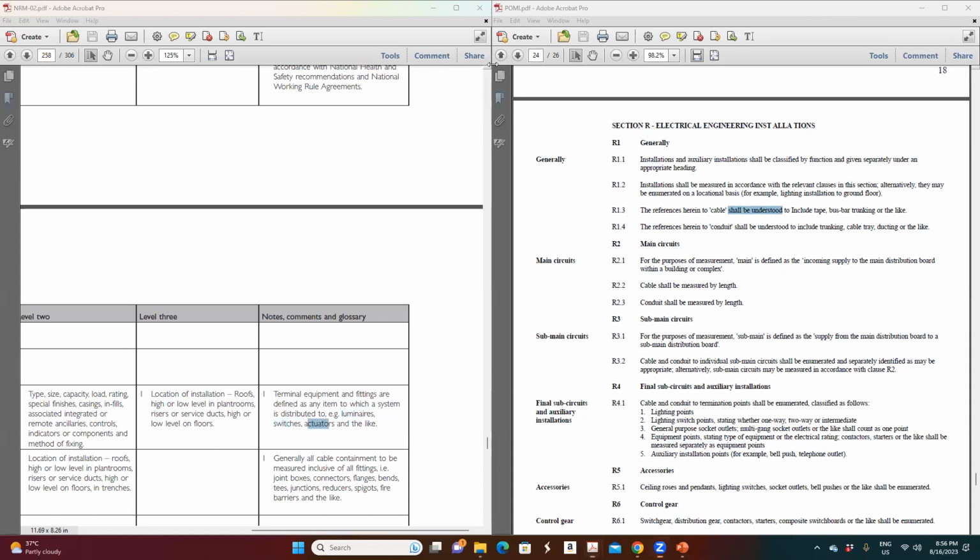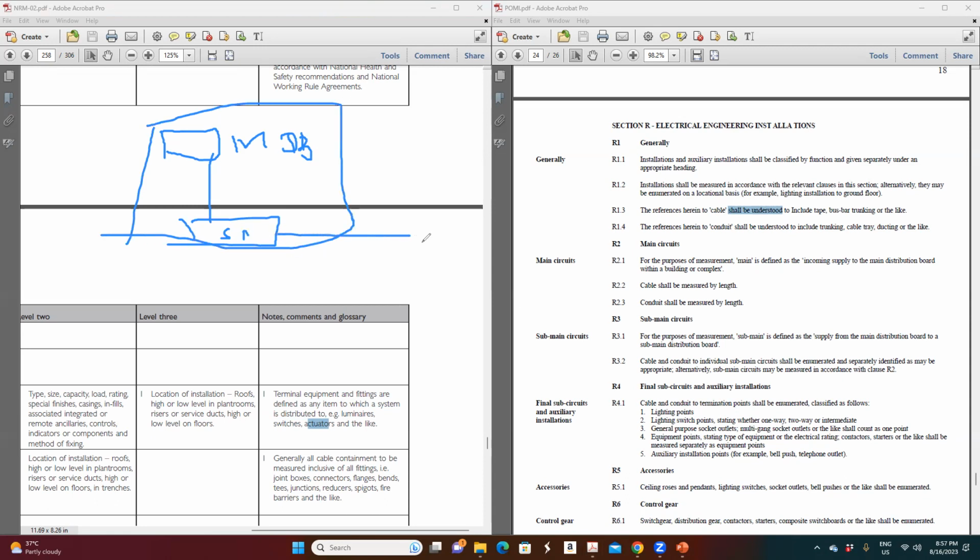Because if you see, from the MDB and SMDB, these are all, let's say, in the panel. Then this comes to the DB here. Then from the DB, there is a switch, and there is a light.